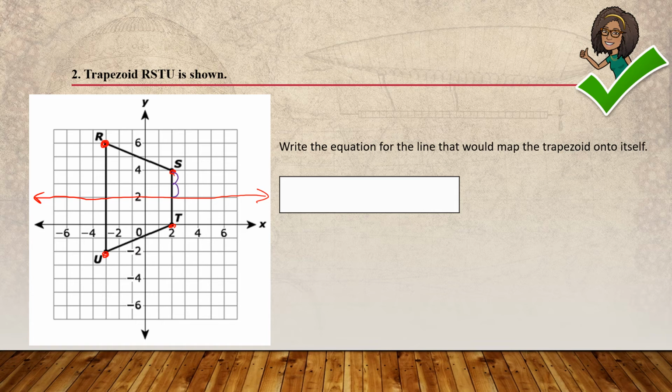So S to the line and T to the line have the same distance, and R to the line and U to the line share the same distance. So this line would in fact be the line of reflection, right? And this line actually intersects the y-axis at 2. So the equation of this line would be y equals 2.